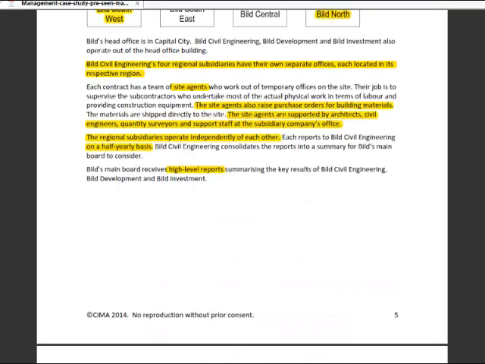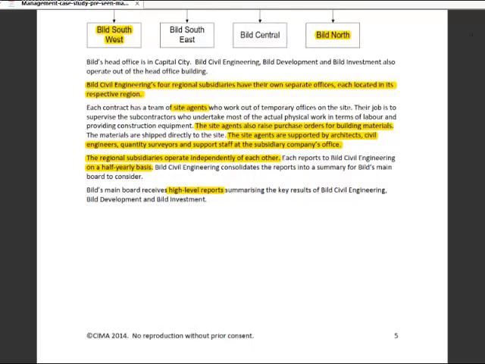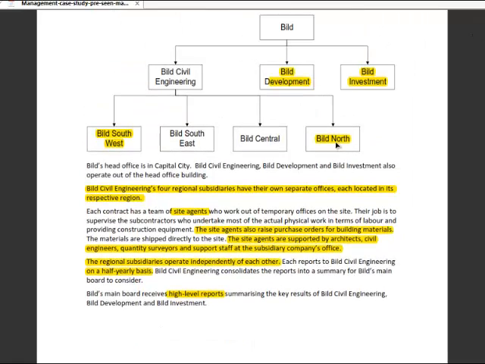So further on, we learn that each contract has a team of site agents, and it says here the site agents also raise purchase orders for building materials, and the site agents are supported by architects, engineers, and so on. So my question was, each of these subsidiaries has a series of site agents, so obviously the purchasing of building materials is done independently in each subsidiary and for each contract.